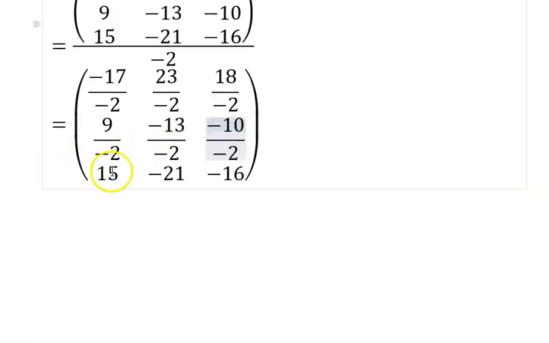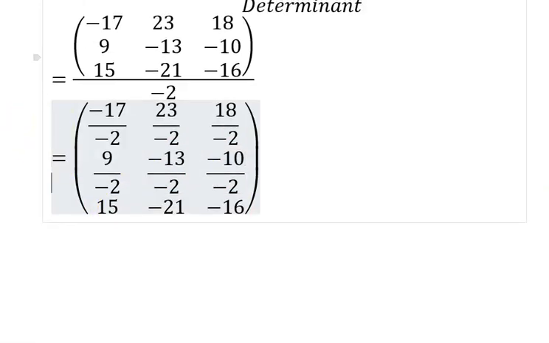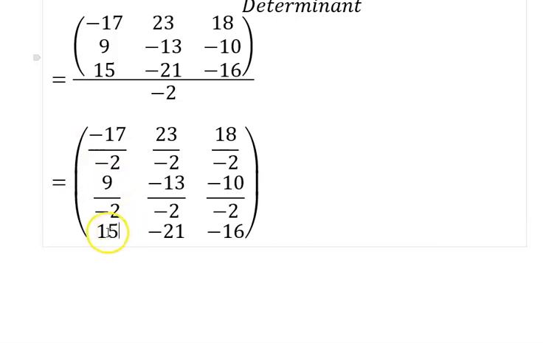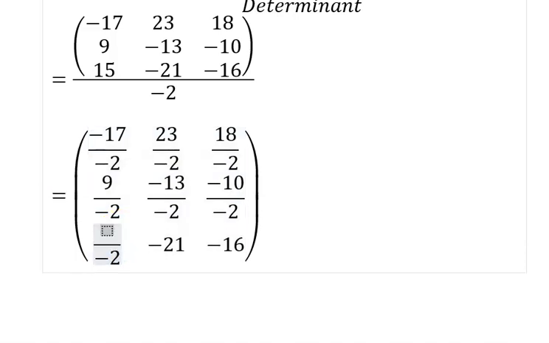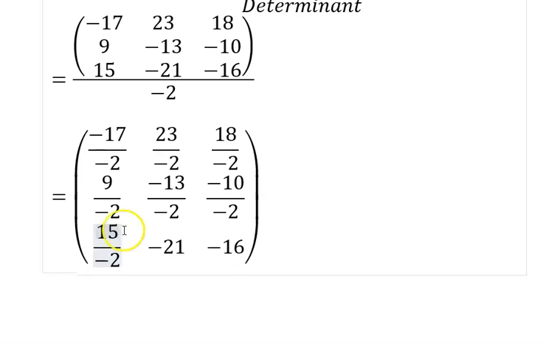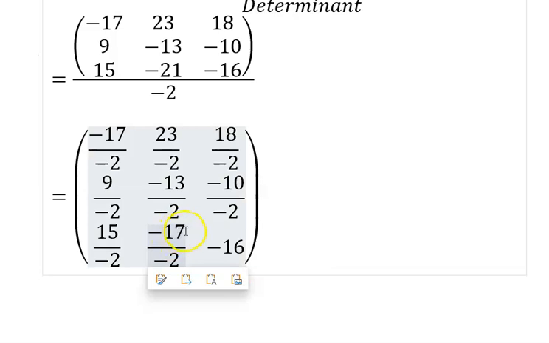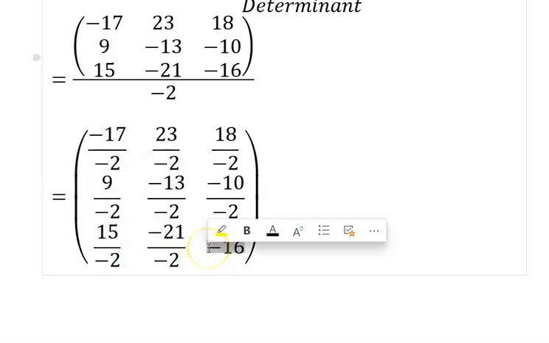And here we have 15 divided by minus 2. Here we have minus 21 divided by minus 2. Here we have minus 16 divided by minus 2.